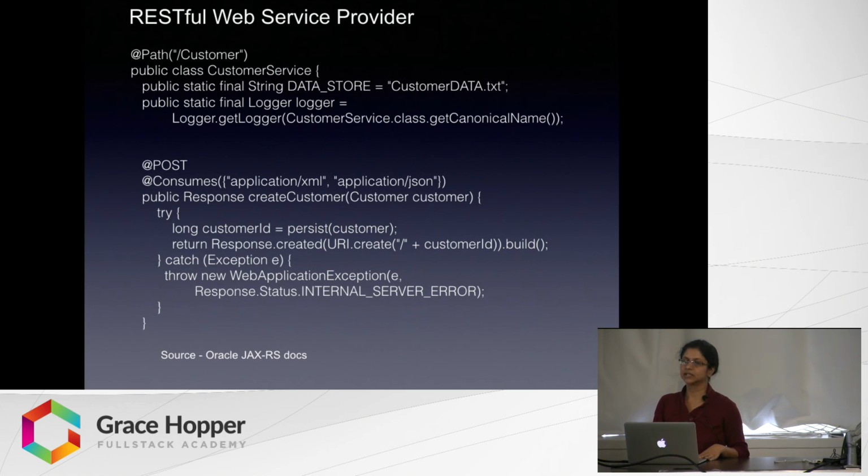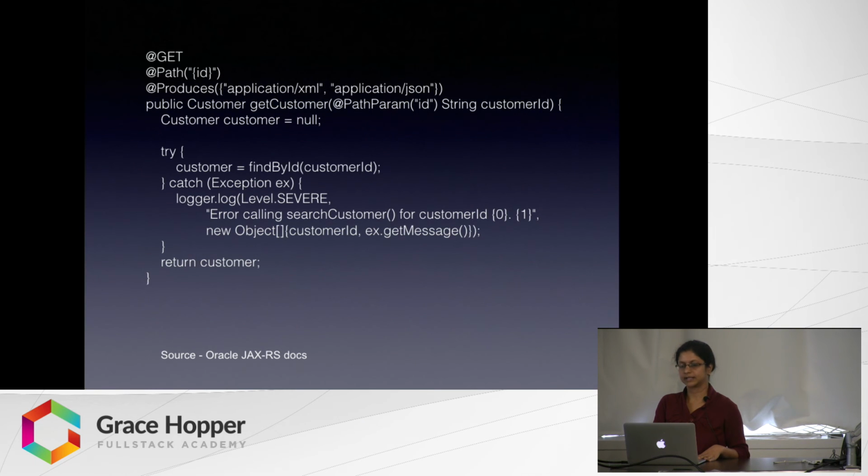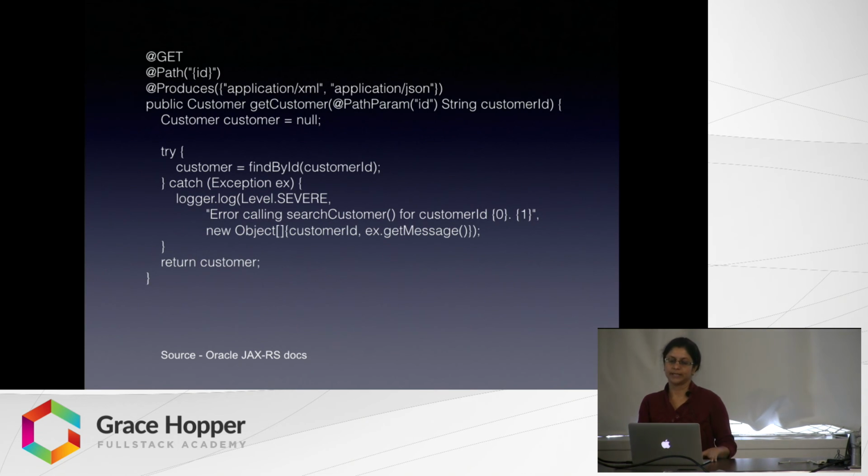So this is basically to tell the web service engine what kind of request will be coming in. And the next one is the get customer method. Here we are using the @Produces annotation, which tells what kind of response will go back to the client. So the web service engine will compile and assemble the response based on these annotations.